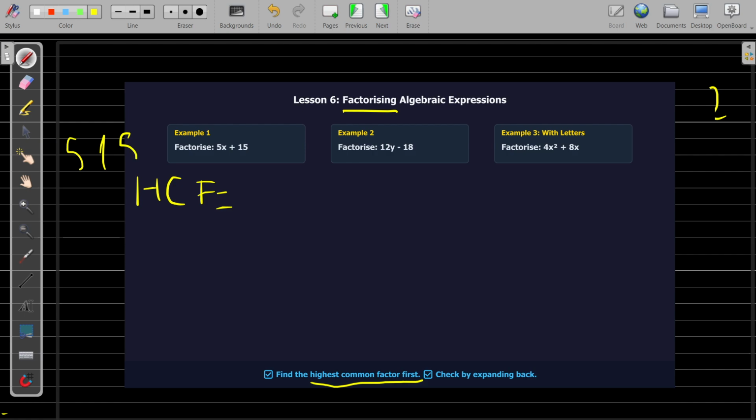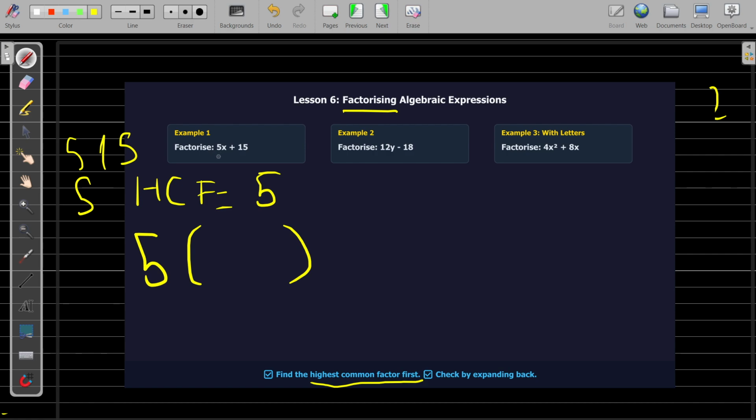That number can only be 5. So let's write our 5 here, and then write brackets. Once we've done that, we need to find what goes inside these brackets. We divide each original term by the factor we pulled out.